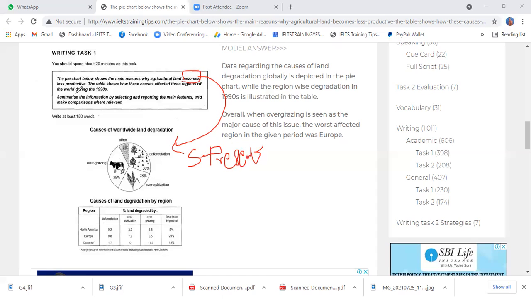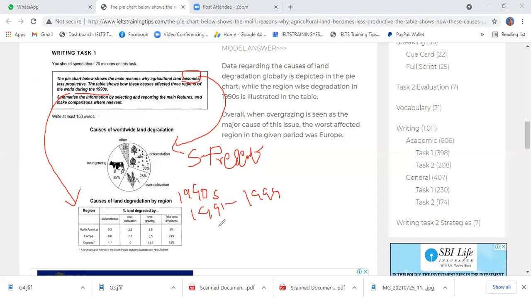But the next particular thing is causes of degradation by region in 1990s. In 1990s, in the sense 1990, 1991 up to 1999.